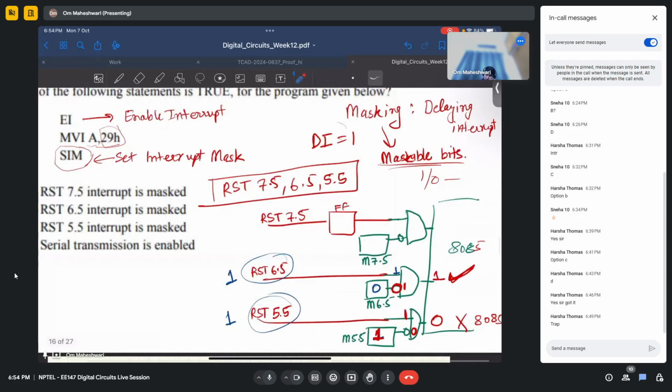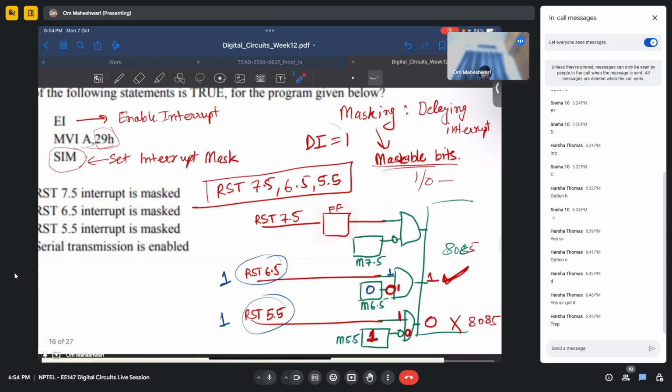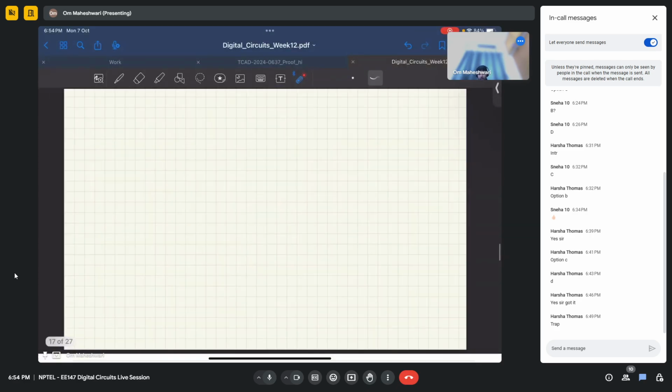Now, what is happening here? Let's come back to this part. We have understood we have something new that is known as the mask bits. And we have a flip-flop also that we have seen. Now, let's talk about what happens with the SIM instruction.